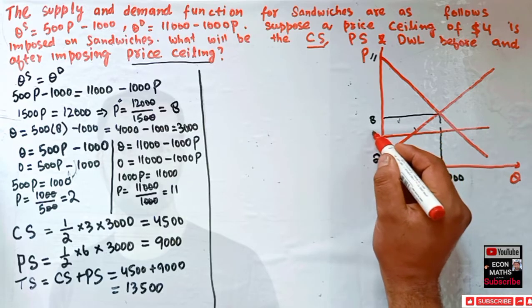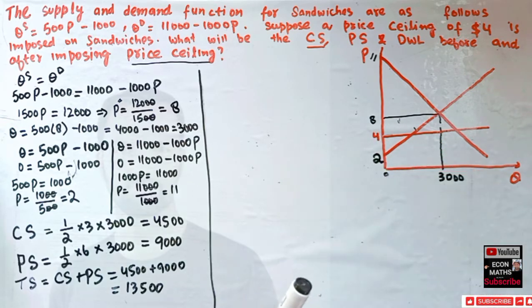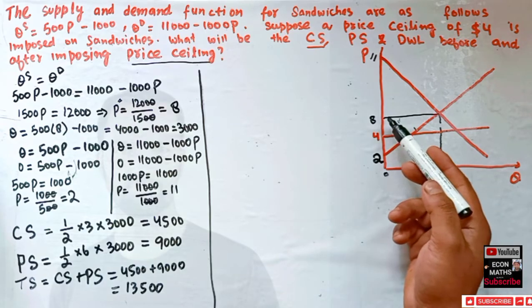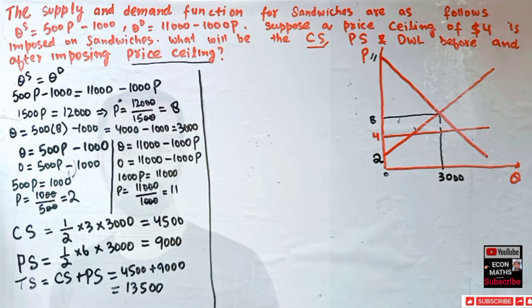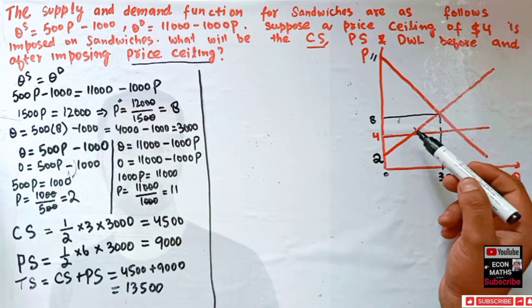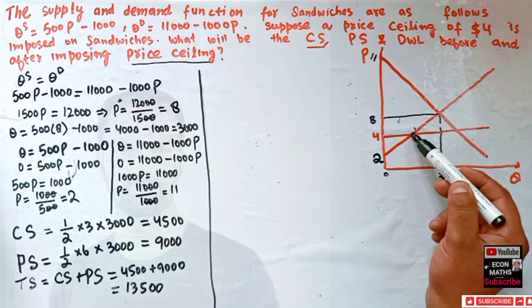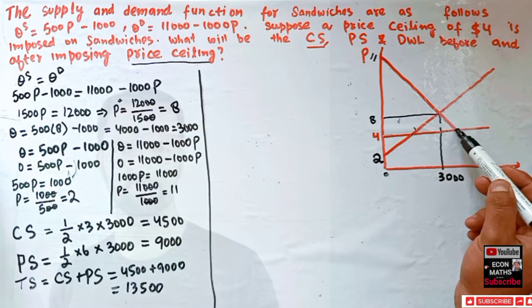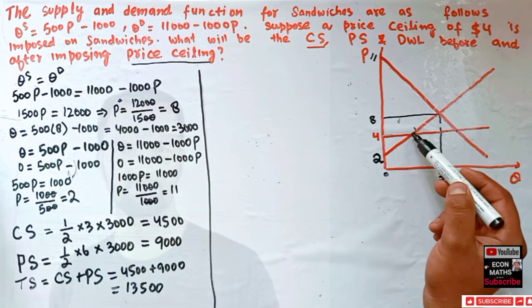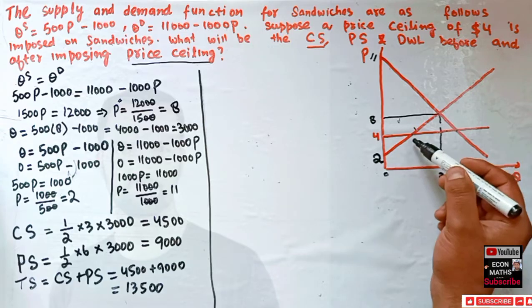Now what happens when we have a price ceiling below the equilibrium price? It is very simple to understand. When the price is 4, quantity demanded is greater than quantity supplied, so we have a shortage here.